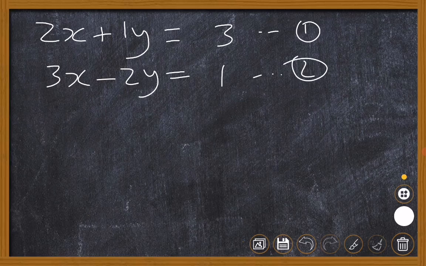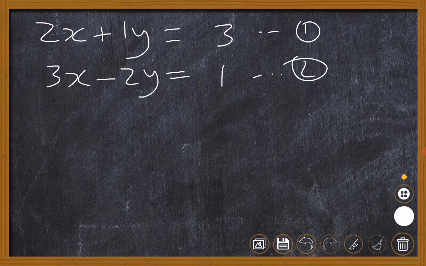So the first thing you need to do is look at your equations and, from one equation, choose one variable that you will make the subject of the formula. In this example, let's take equation 1 and make y the subject of the formula.